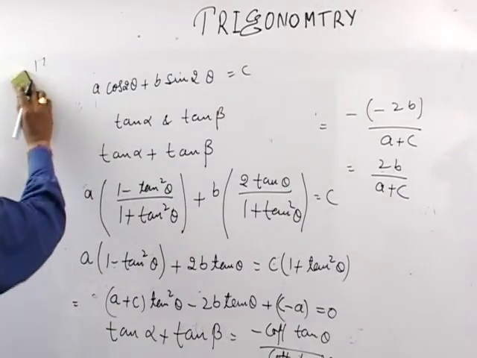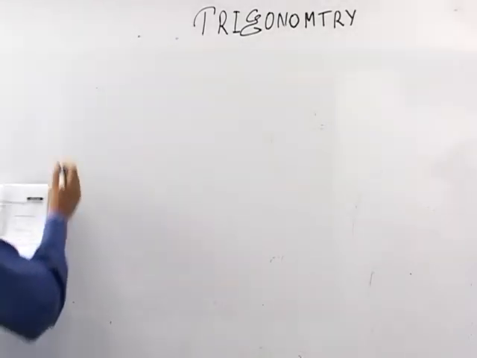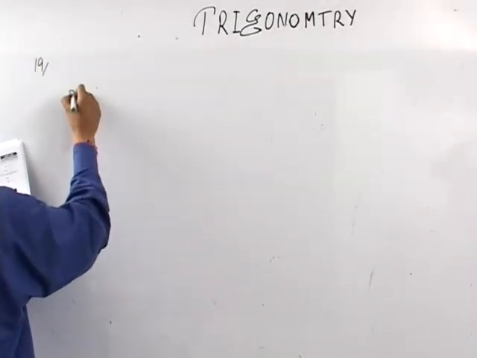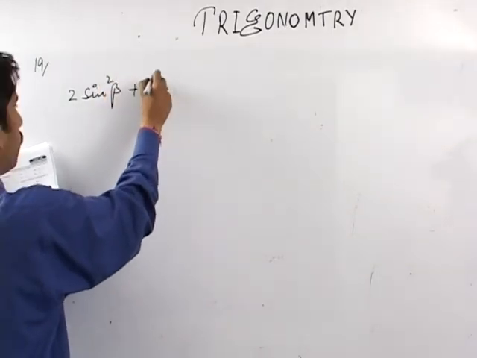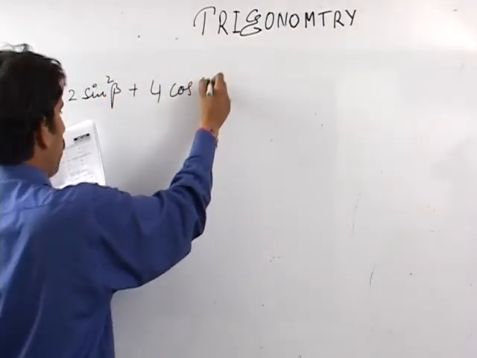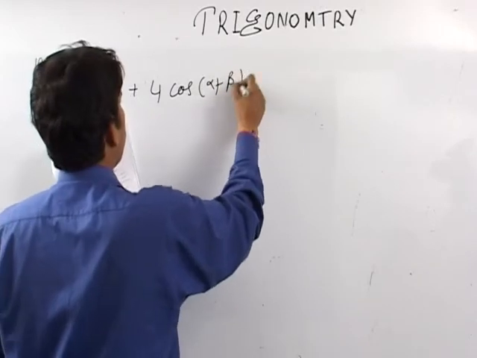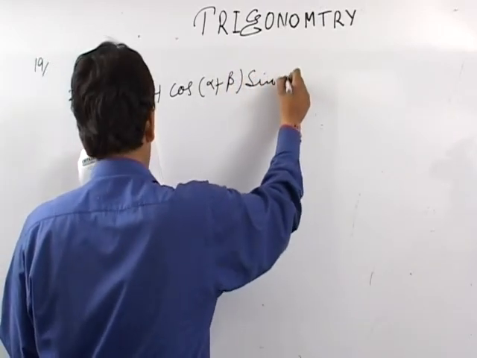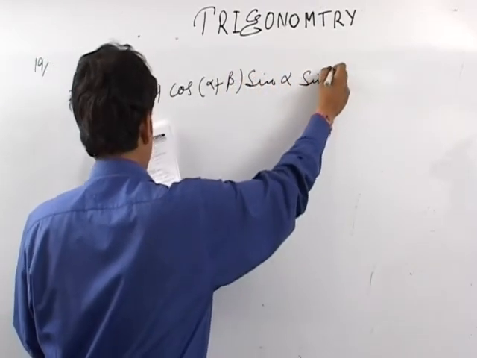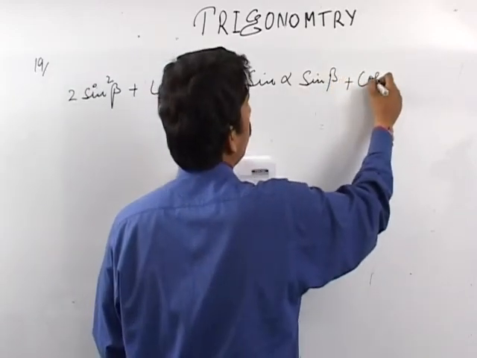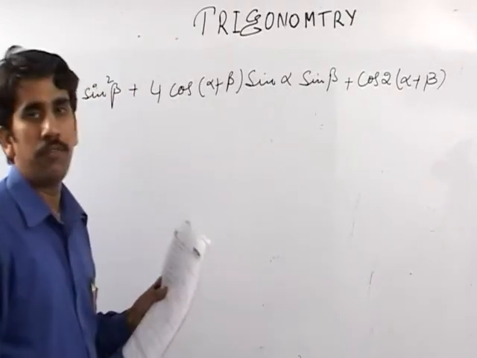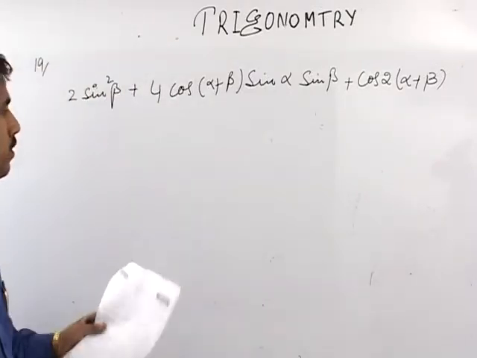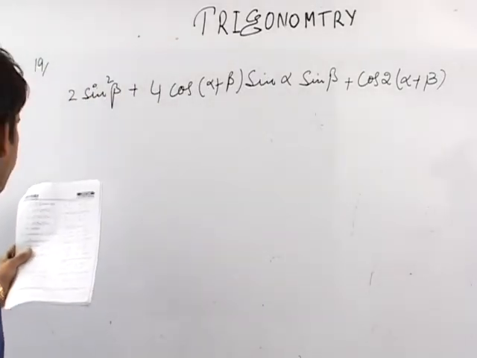Now the next question is 2 sin square beta plus 4 cos(alpha plus beta) sin alpha sin beta plus cos of twice of (alpha plus beta). You have to simplify this trigonometric relation.